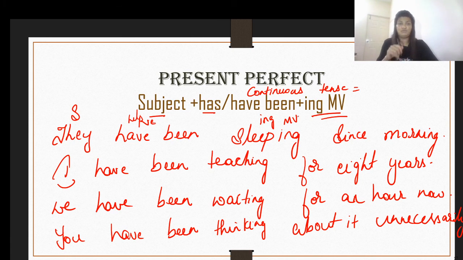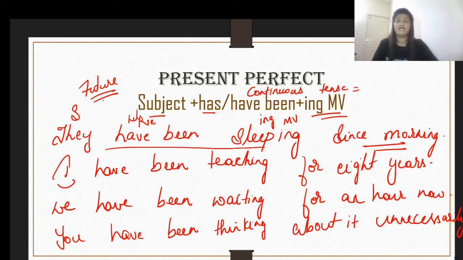It has come to now, but it doesn't say that they are up now. Have been sleeping means that they're still sleeping and they might sleep for another couple of hours, which means that the past, the present and the future, all three timelines, are connected over here. They started sleeping in the morning, which is past.